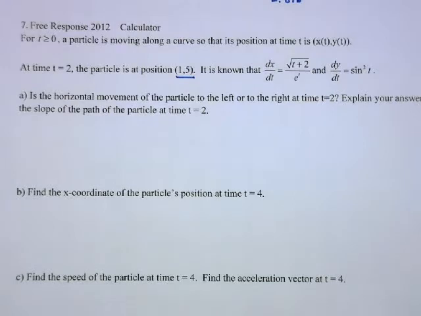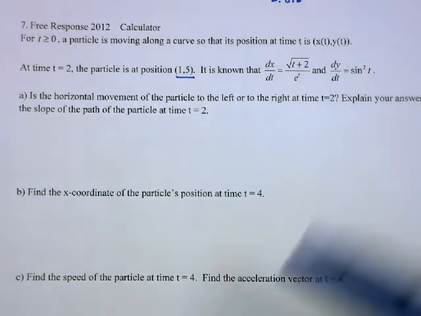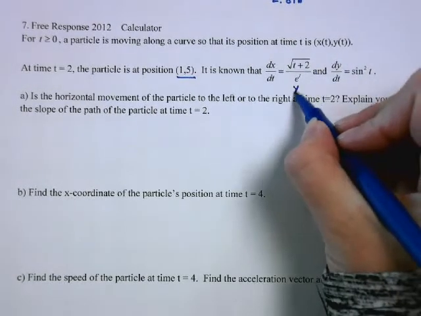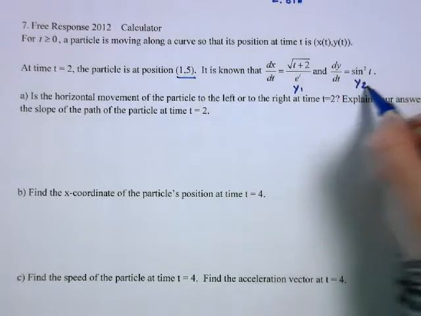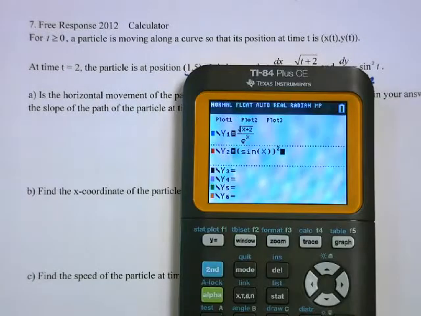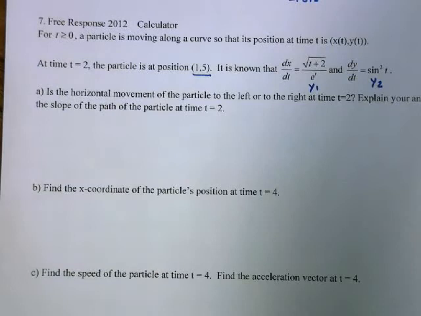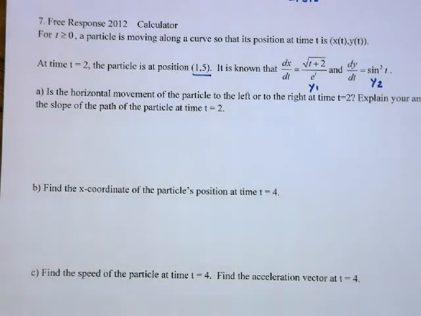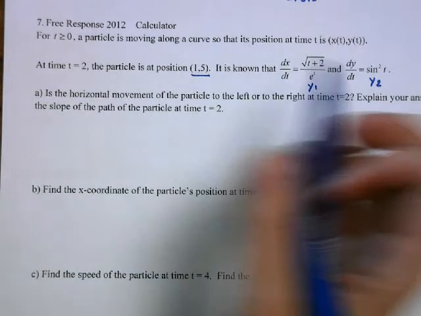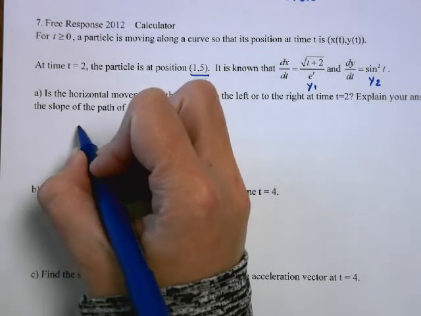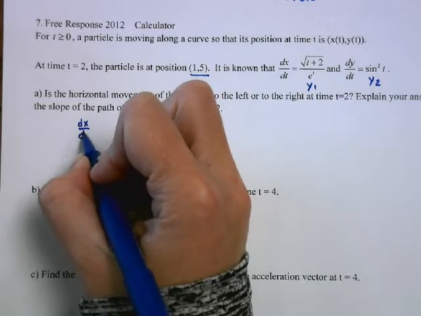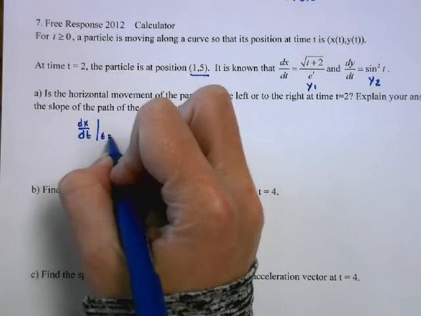So the first thing I'm going to do is enter these two equations. I'm going to put this one in y1, and I'm going to put this one in y2. So I've entered the two equations into the calculator, and we will use it to answer two things. First is the horizontal movement to the left or to the right. So we're going to look at dx/dt evaluated at t equals 2.